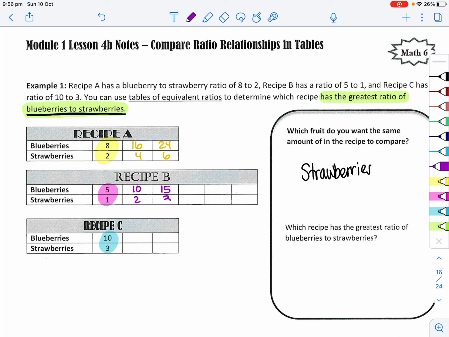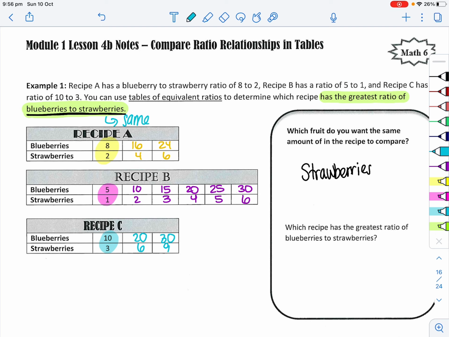So 15, 3, 20, 4, 25, 5, and 30, 6. And then for recipe C, I'm going to continue with my 10/3, so 20/6, 30/9. Now I filled in each of these ratio tables all the way, but remember, I'm trying to get strawberries to be the same.